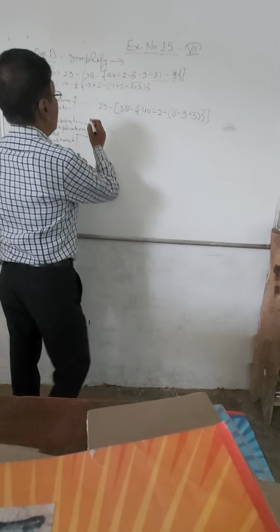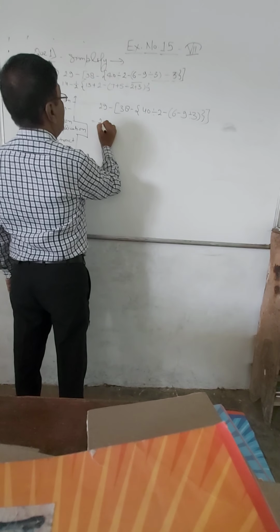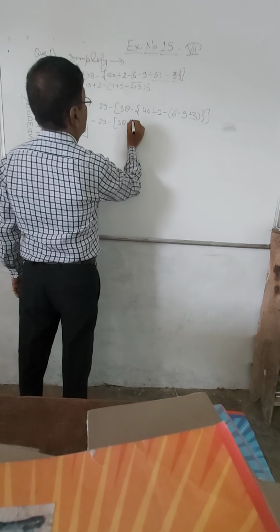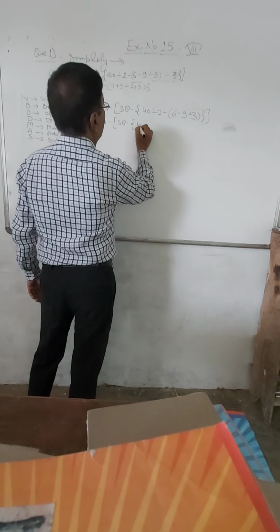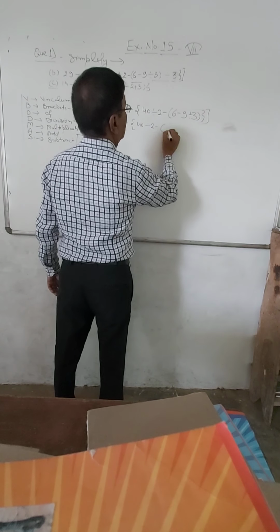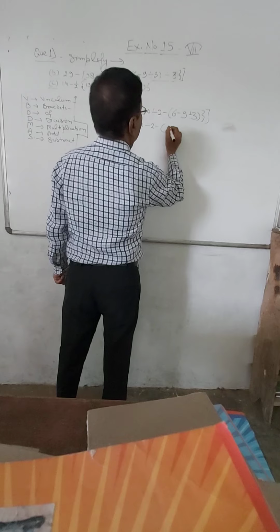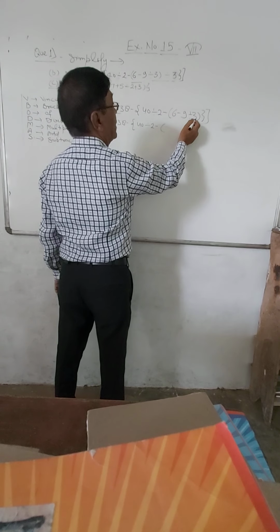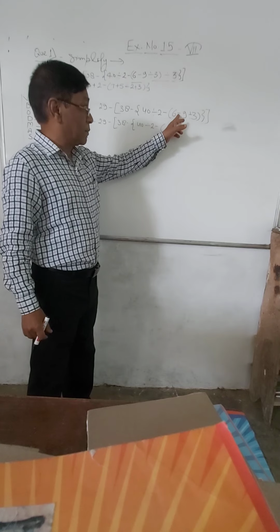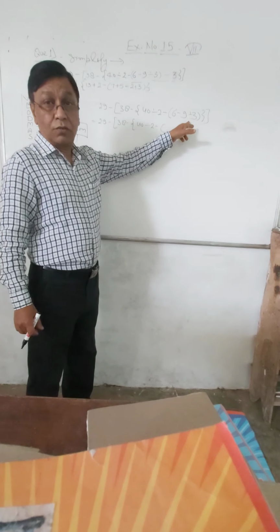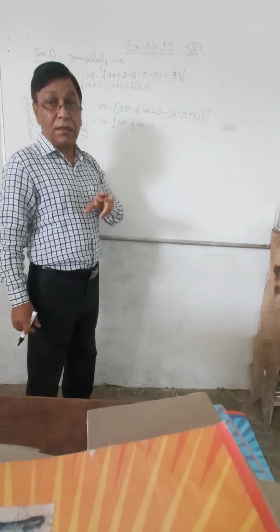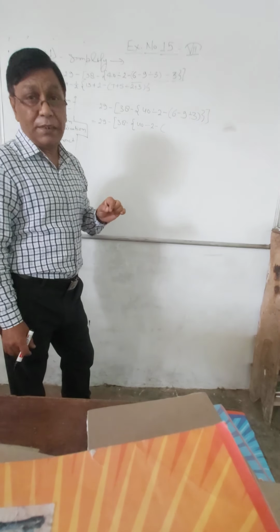Now start solving here: 29 minus 38 minus 40 divided by 2 minus 6 minus 9 divided by 3. Here again see, subtraction and division. In this mixed problem, first we solve the division.